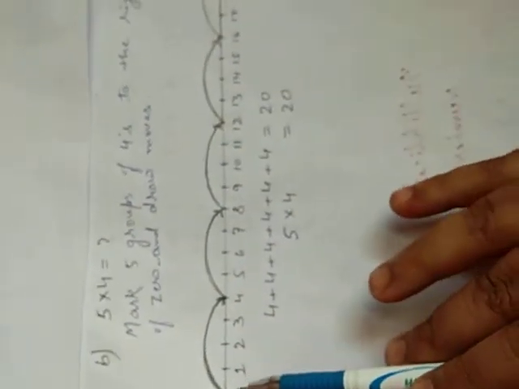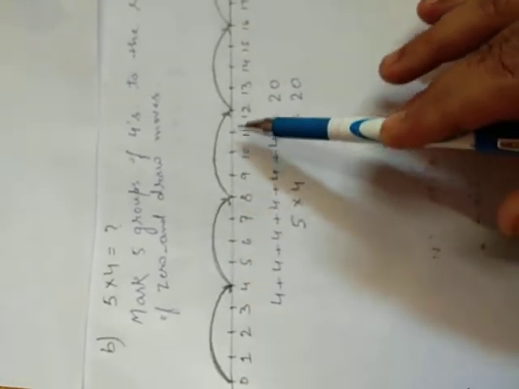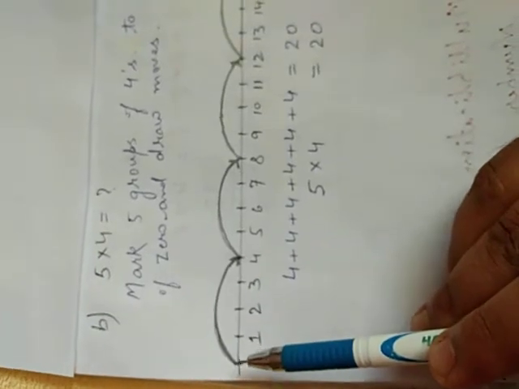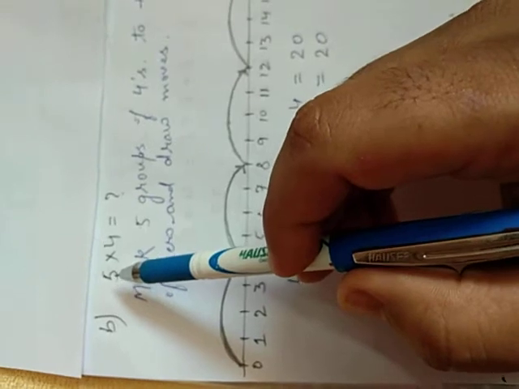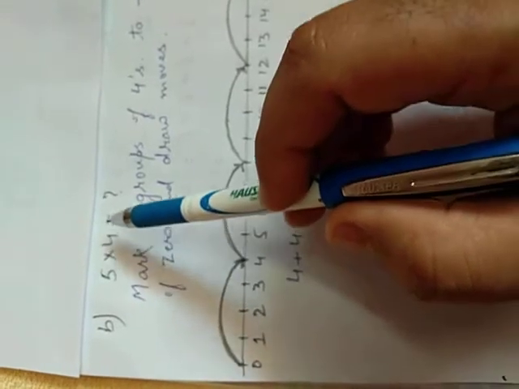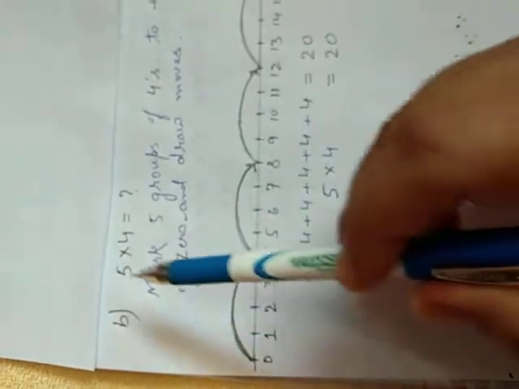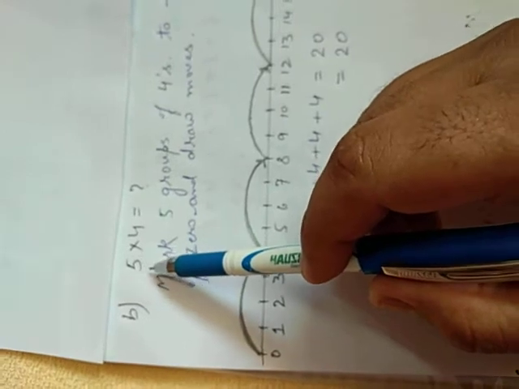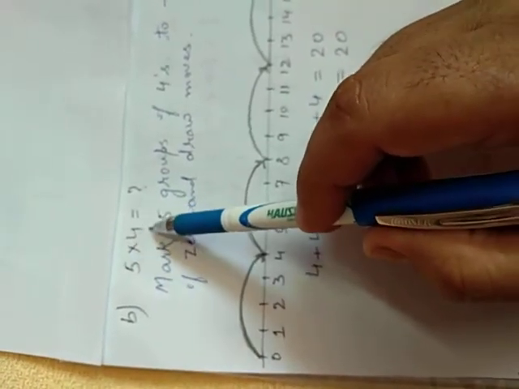Again on the number line we have marked the digits 1, 2, 3, 4, 5, 6, 7, 8, 9, 10 like this, and we will start with 0. Here we have to make 5 groups of 4s. That means we have to jump 5 times, and in each jump there will be 4 numbers.